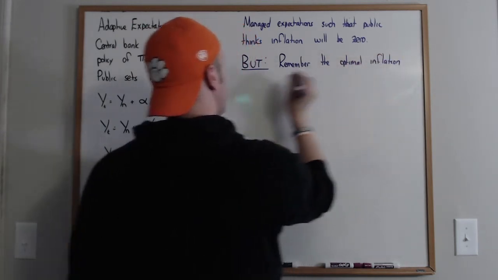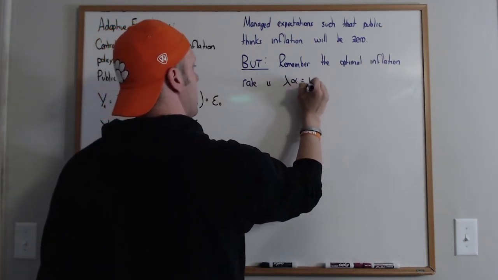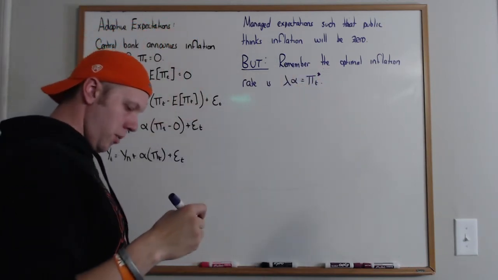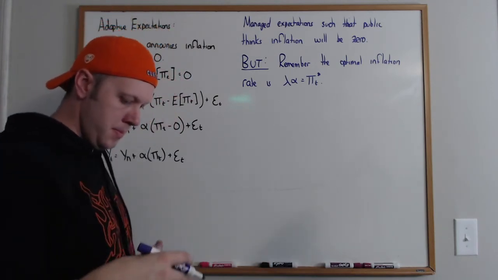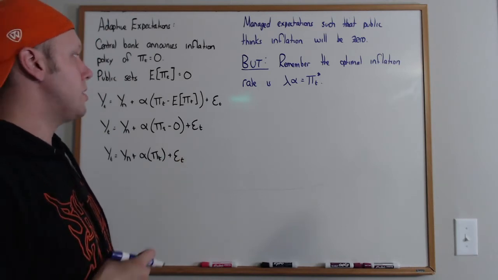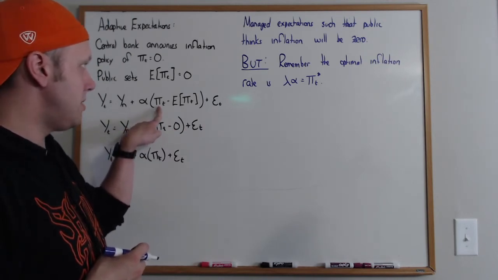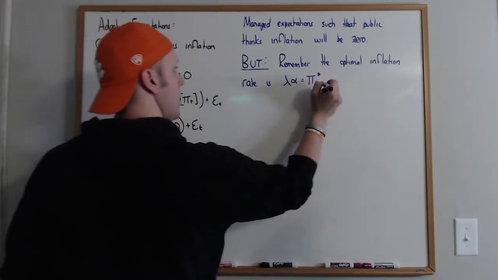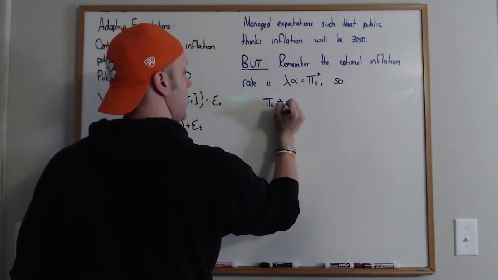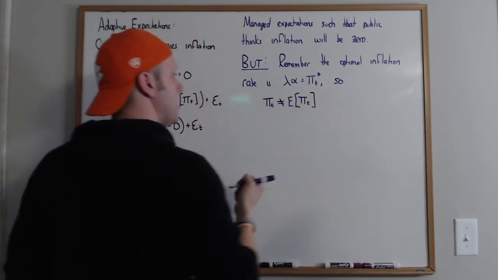Remember, the optimal inflation rate is lambda times alpha, right? That was the utility maximizing rate of inflation for the central bank. So the public thinks inflation is going to be 0. But actual inflation is not going to be equal to what expected inflation was set to.